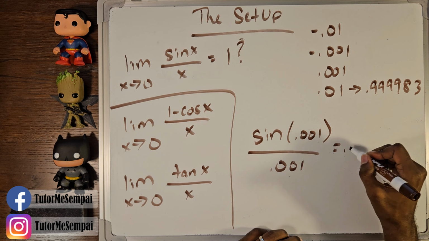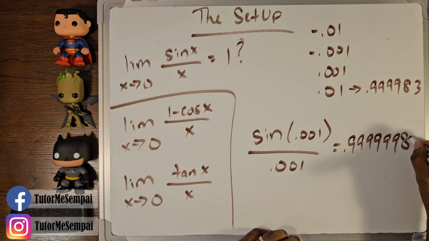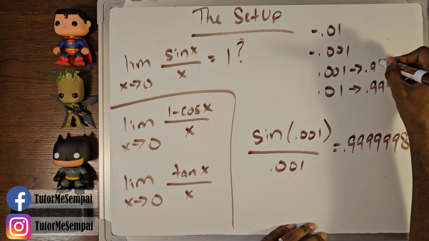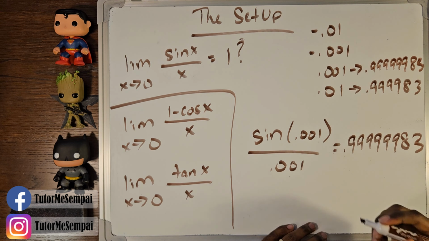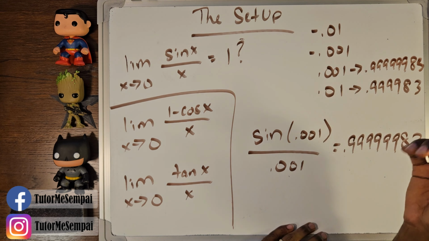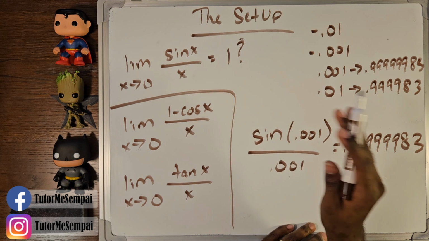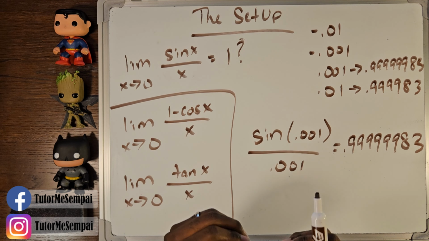Well, this is going to give us 0.9999983. A few more 9s here, and it seems like it's getting closer and closer to what? 1. It's looking promising. However, we're only approaching from one side, the right-hand side. We have to approach from the left-hand side and make sure it's approaching the same exact number.